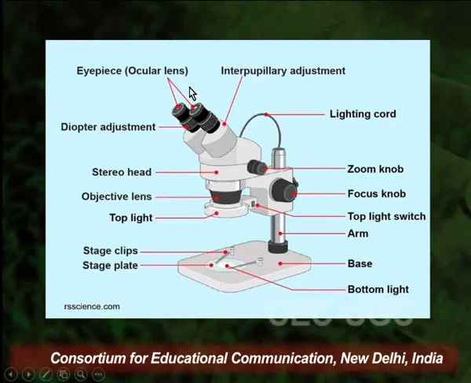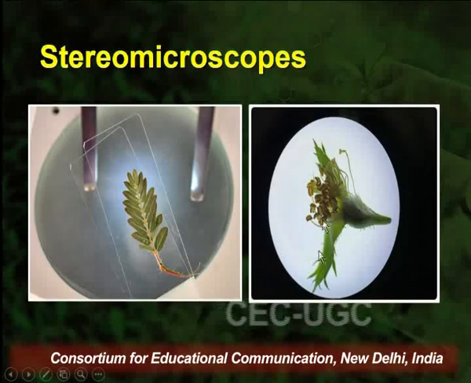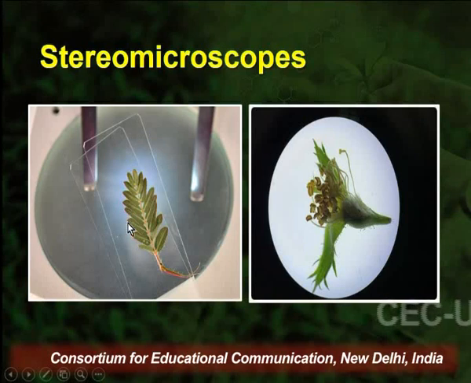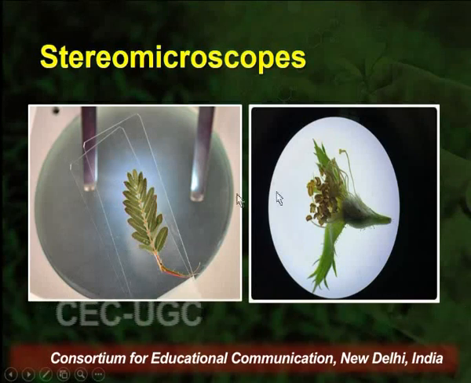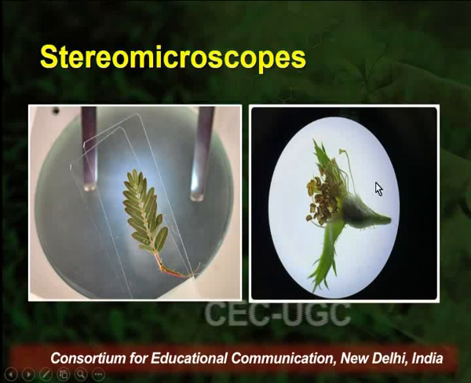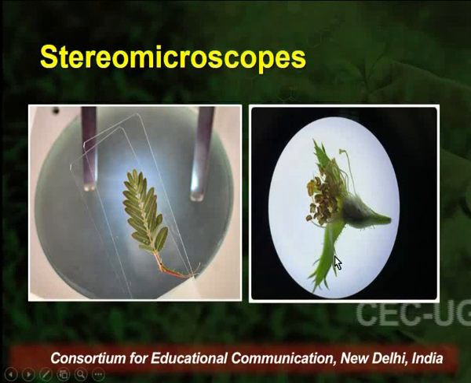So overall, a stereo microscope is observed with the help of both eyes, and because of the two eyepieces, we do get a three-dimensional structural effect of the objects which we are observing. Here are some examples. Here is a large structure of a moss or a small leaf, and here a plant structure which can be seen through a stereo microscope.